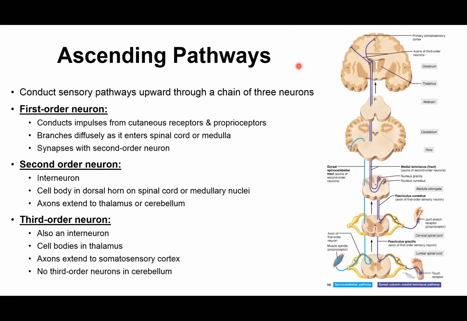Our first order neurons are going to conduct the input from a cutaneous receptor and proprioceptors. It is going to branch as it enters the spinal cord or the medulla until eventually it synapses with a second order neuron. I'm going to highlight that for you at this point.